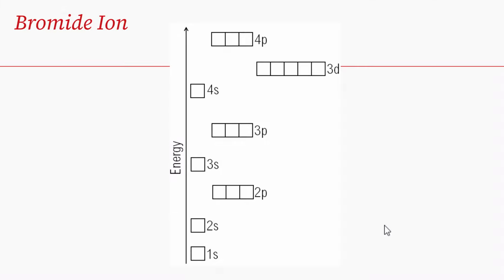Let's do another example together. Here we have a bromide ion. So, bromine normally has 35 electrons. Its ion would be Br minus, and that is Br that gained 1 electron. So it would have 36 electrons in it.